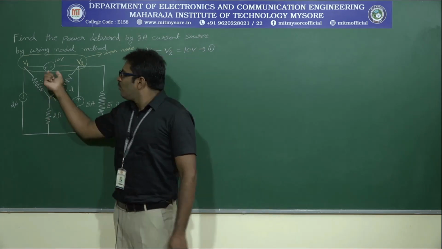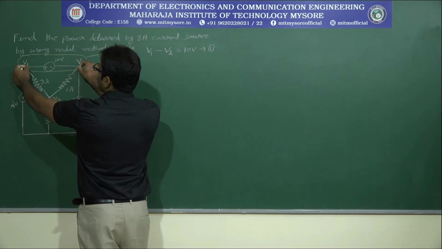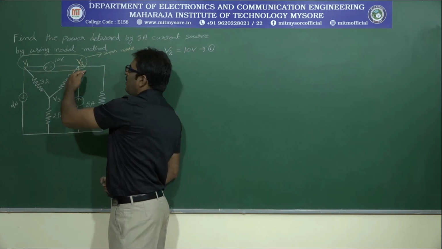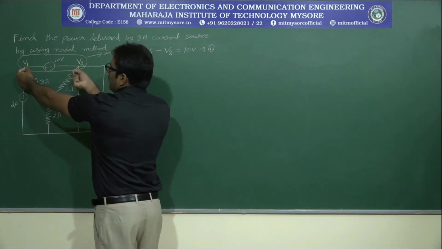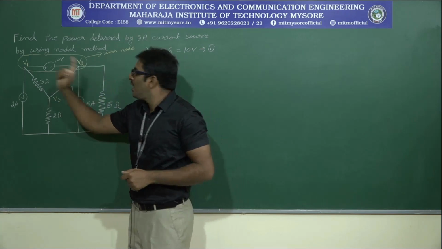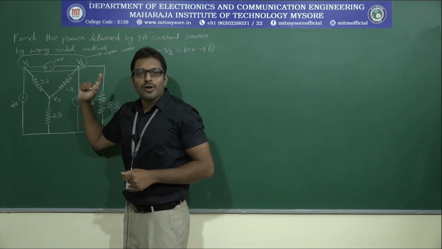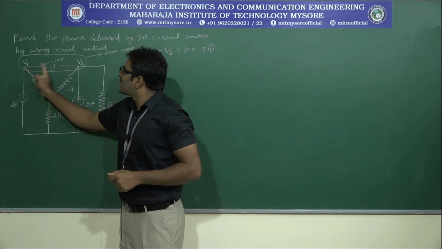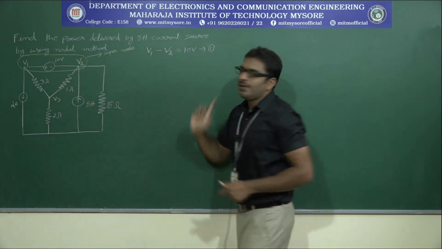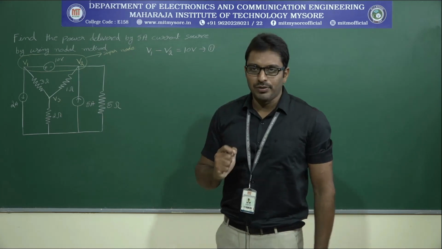Because this voltage source indicates the potential difference between these two terminals, V1 and V2, which is 10 volts. Which one is the higher potential? V1 is higher and V2 is lower. That's why V1 minus V2 is equal to 10 volts. That is the first step from the supernode.